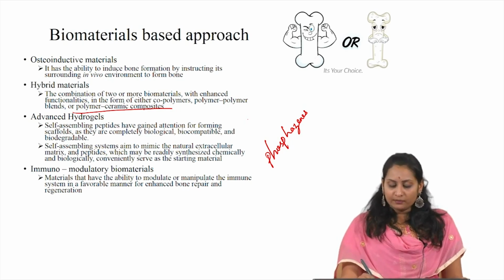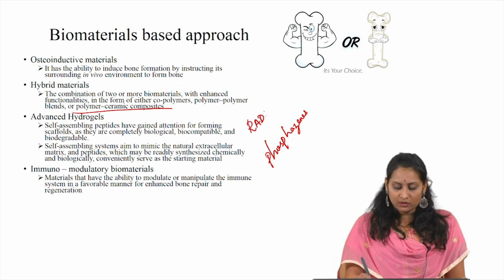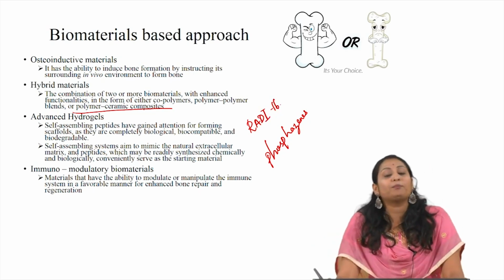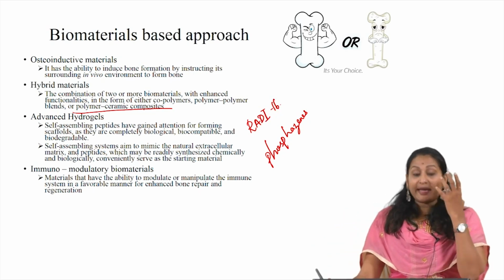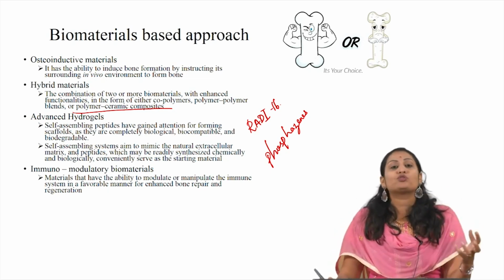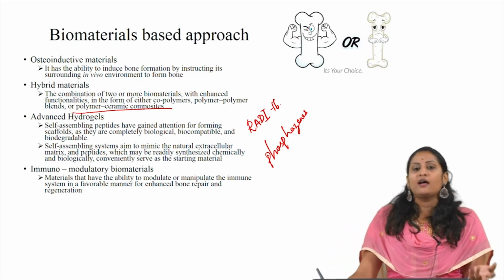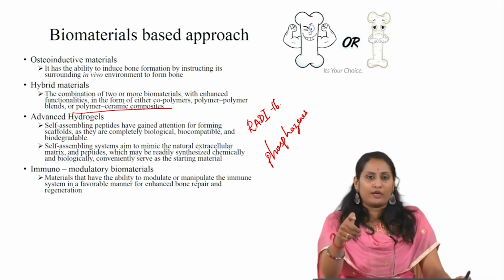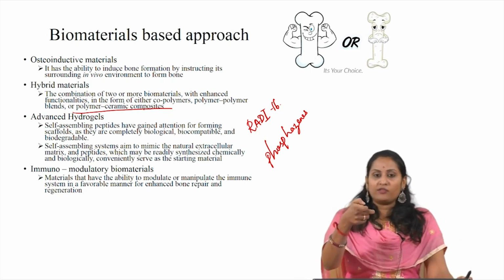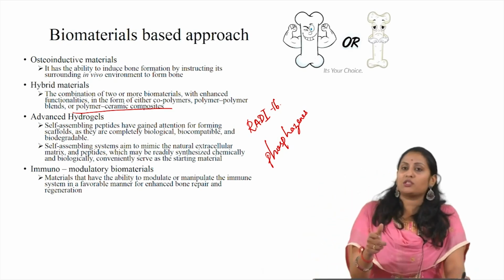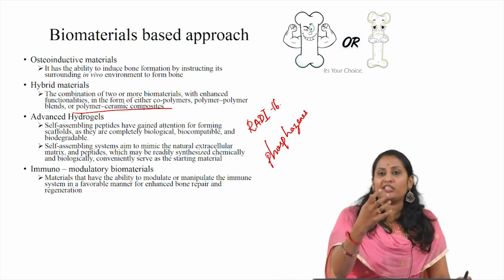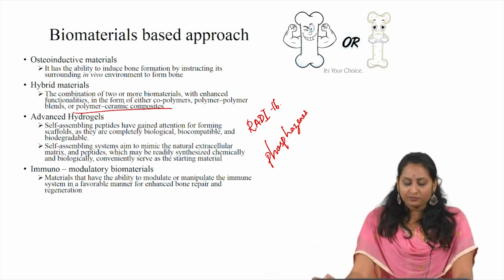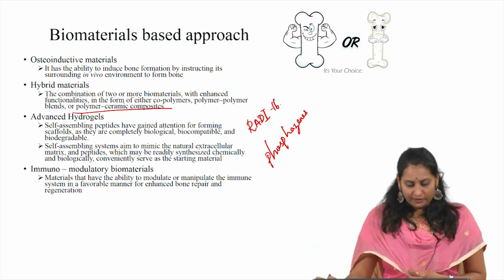For example, RADA16. It is a self-assembling peptide that aims to mimic the natural extracellular matrix, and it can be readily synthesized. It is injected in the form of nanofibers. Once it enters the physiological fluids, it becomes a gel, and it serves as a template for the starting material.